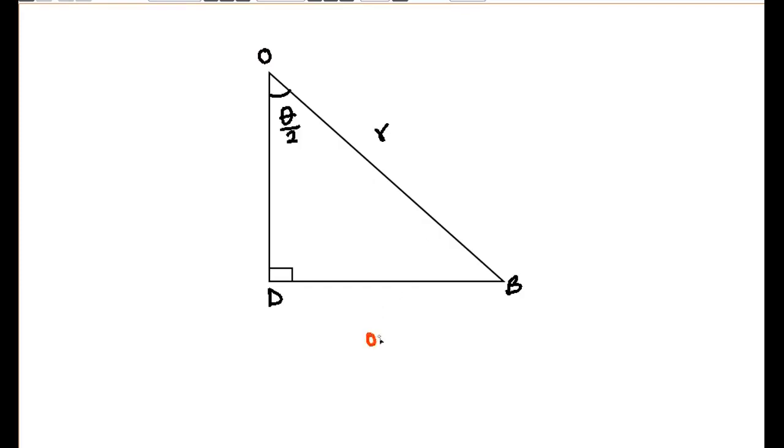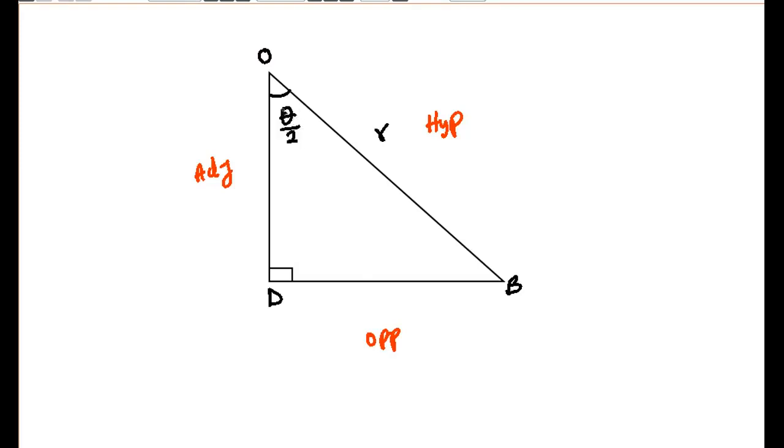So this is my opposite, and anywhere angle 90 is facing is called the hypotenuse. So this side takes the adjacent. As you can see, I don't have any business with the adjacent. My main aim is to get the opposite. We want to get the opposite, that is DB. I want to get DB.